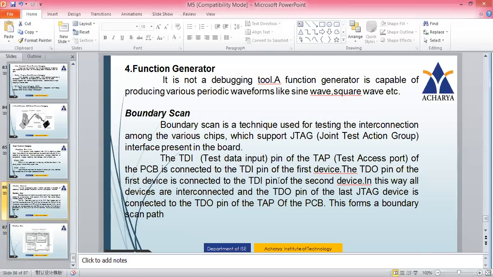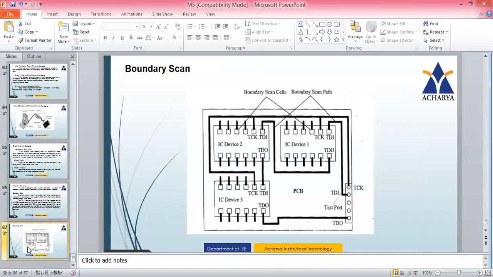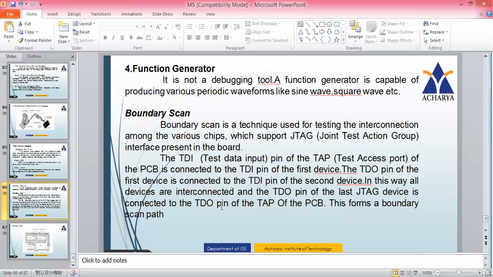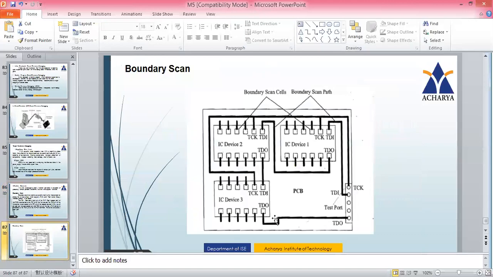Then the TDO pin of the first device is connected to the TDI pin of the second device. Similarly, in this way, all the devices are interconnected, and the TDO pin of the last JTAG device is connected to the TDO pin of the test access port of the PCB, the entire board.